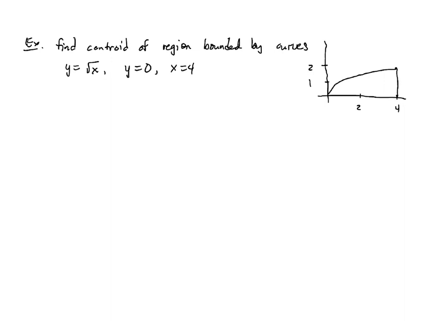And what you notice when you inspect this region, I'm going to cut it into 4 pieces, is that the upper left-hand piece doesn't have very much of the mass in it. The upper right-hand piece has more of the mass, and the lower left-hand piece has a little bit more of the mass, but the bottom right-hand piece has the majority of the mass. So we guess that the centroid is somewhere in that bottom right-hand piece of the region.